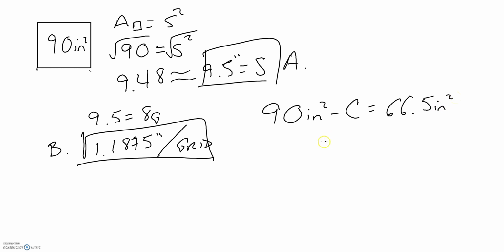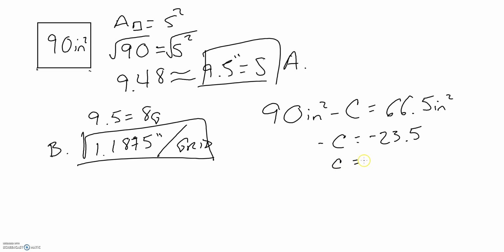Alright, so now we have negative C. We're going to subtract 90 from each side. So 66.5 minus 90 is equal to negative 23.5.